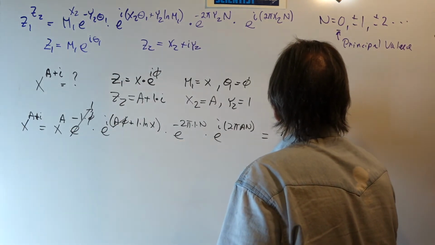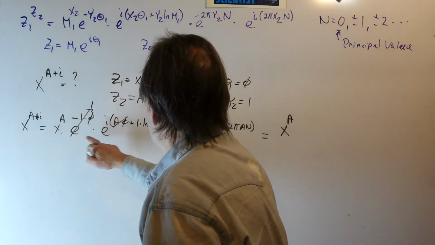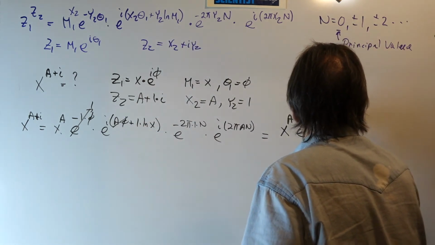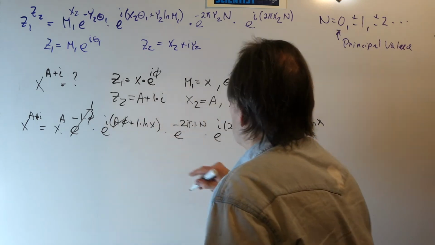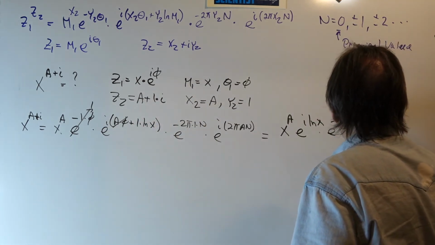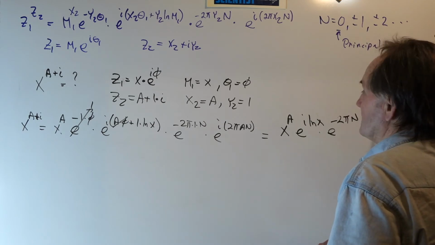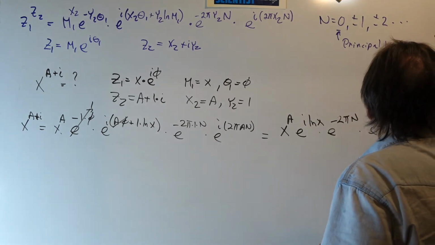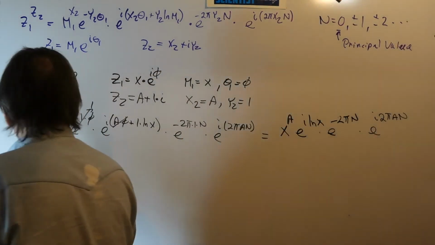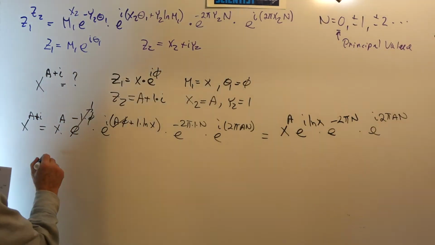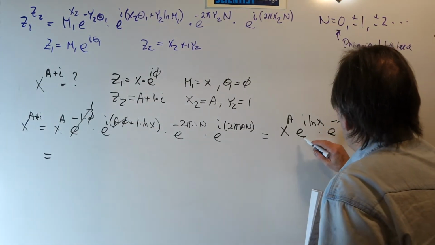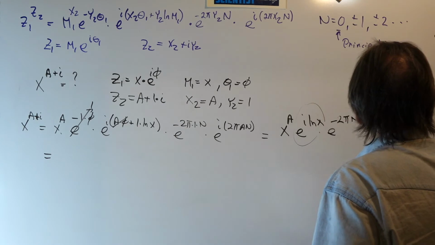So we have x to the a times e to the i natural log of x, times e to the minus 2 pi n, times e to the i 2 pi a n. Now I'm going to combine these two.